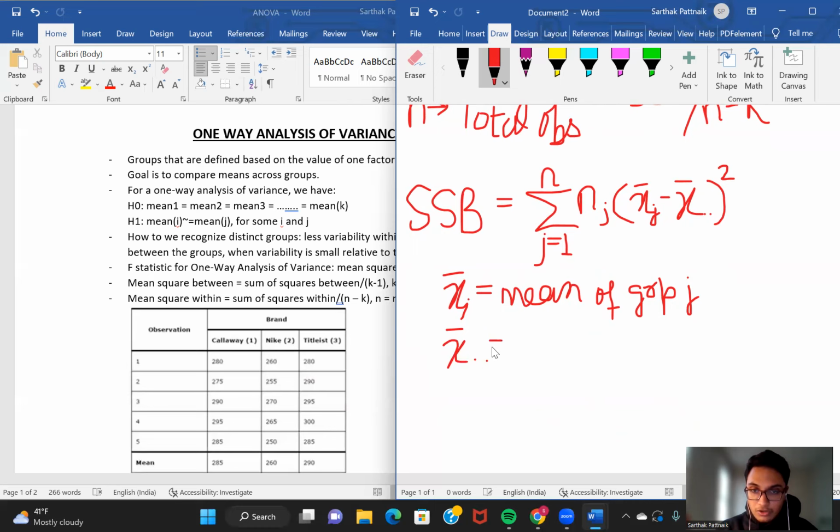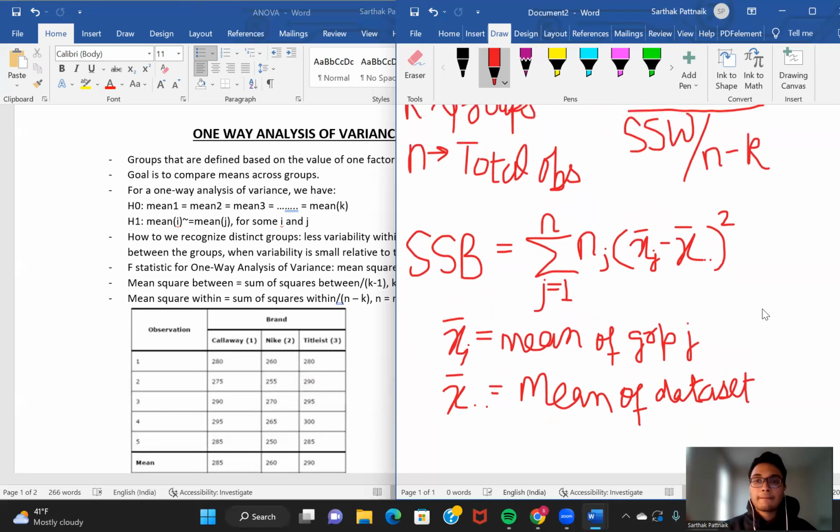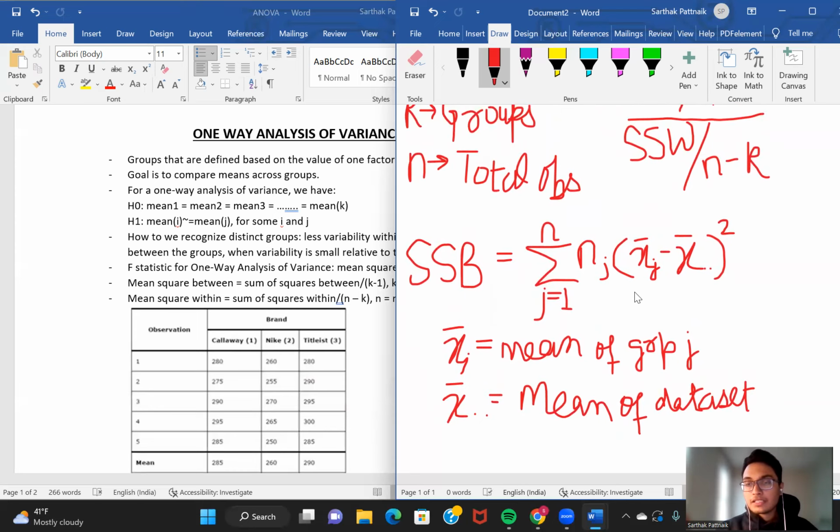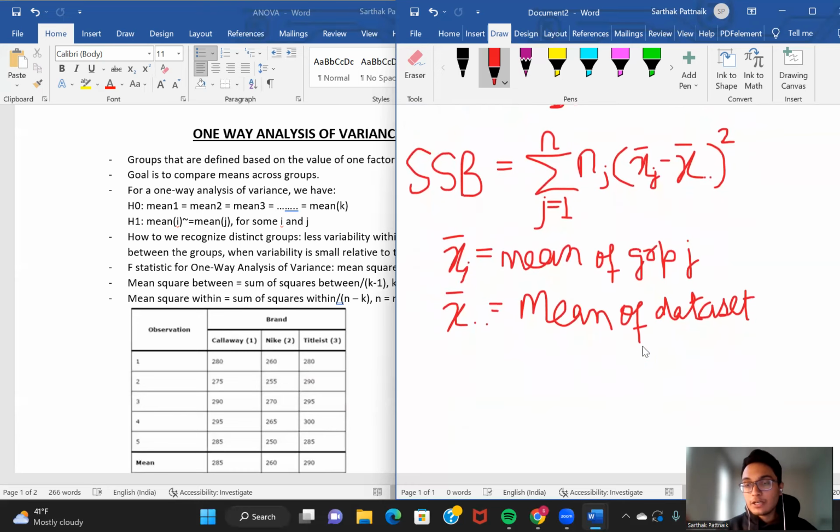And this x bar dot dot represents mean of data set. Okay, so basically how do you calculate sum of square between? This n_j represents the number of points in each group. This represents my mean of the group, and this term represents my overall mean. Okay, this is how you calculate your sum of squares between.